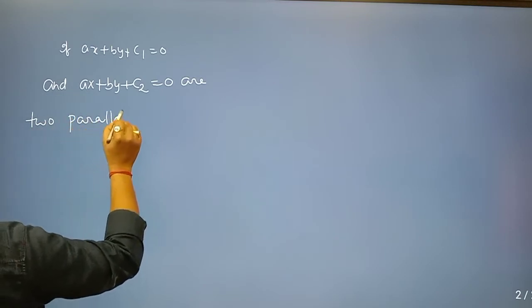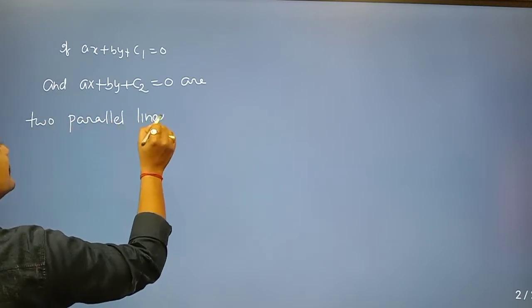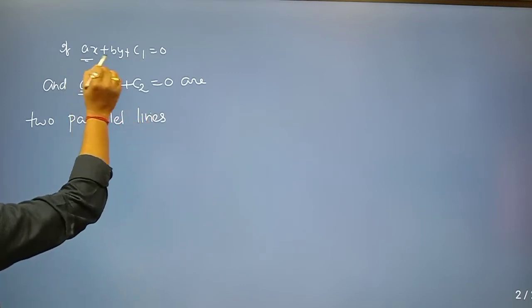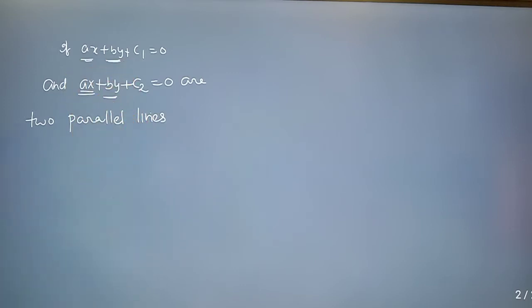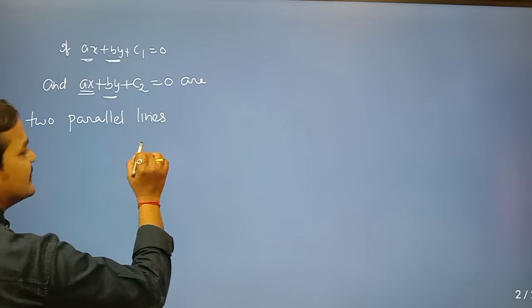How do you say that these two are parallel lines? Because their x coefficients and y coefficients are equal. So such types of lines always represent parallel lines. Means these are two parallel lines.